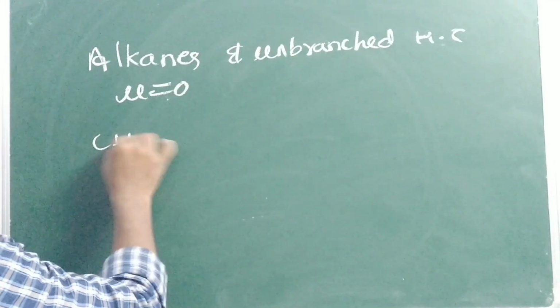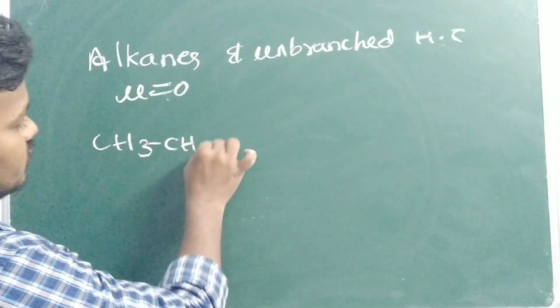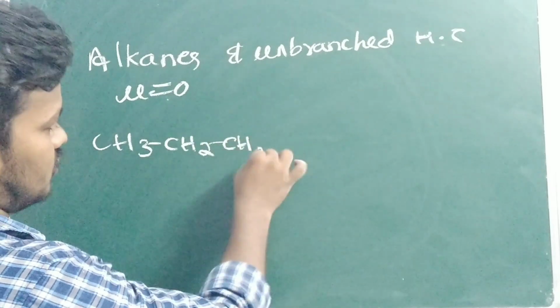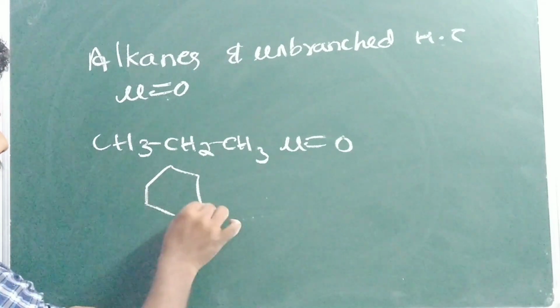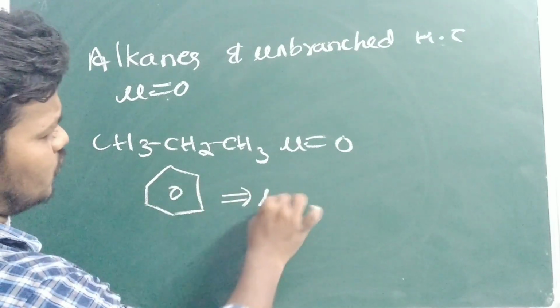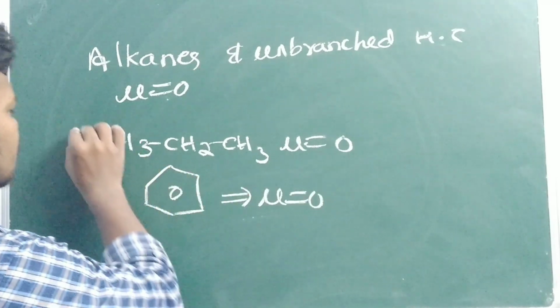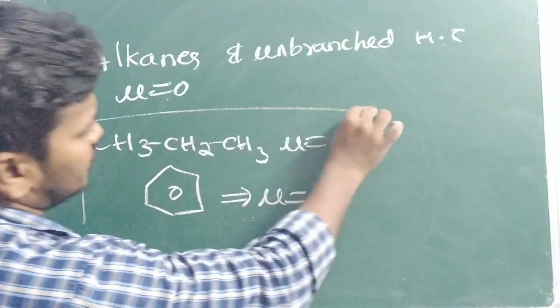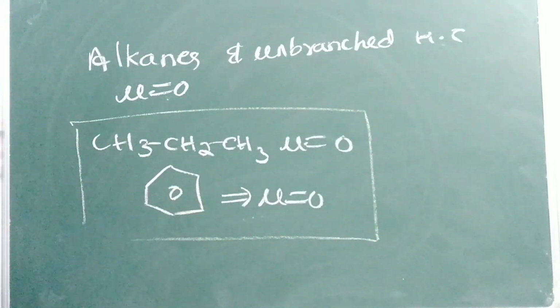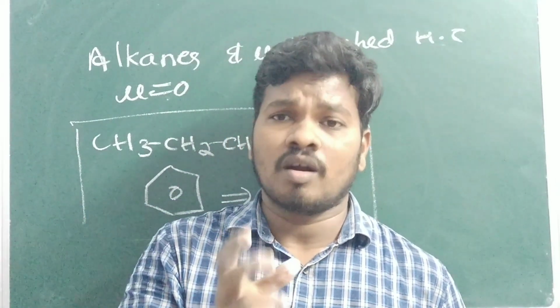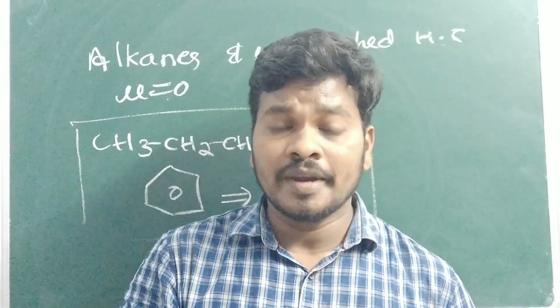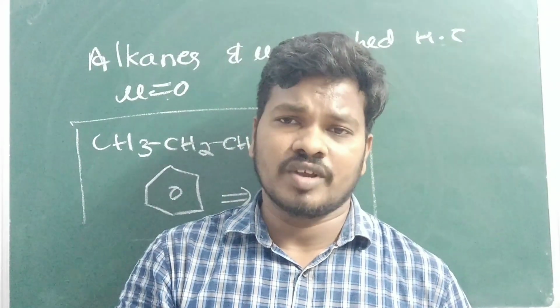For example, if you see CH3, CH2, CH3, mu is equal to 0, because electrons are equally distributed in this molecule. You have to remember that. So these are some of the tricks to remember to identify the dipole moment in organic compounds.